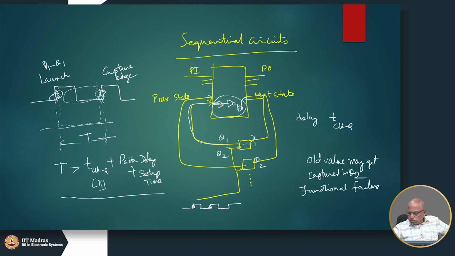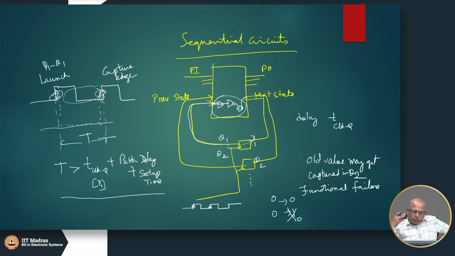It should have gone to a different state, but it entered an incorrect state. So maybe initially the circuit was in the 0 0 state and it should have gone to the 0 1 state, but it remained in the 0 0 state. So that resulted in a faulty behavior.